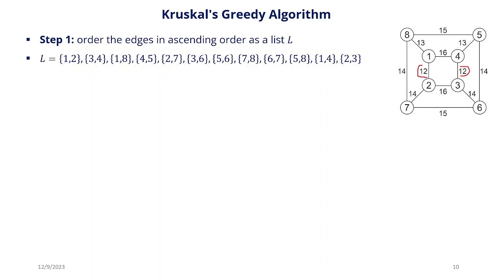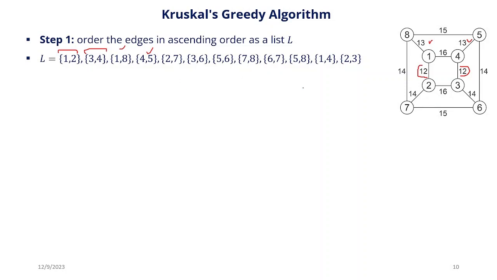We can pick any one of them, but since 1 and 2 seems to be the starting point, we take 1 and 2 first, and then the next will be 3 and 4, which is equally 12. Then we have 13 here, which is the next smallest. So we can have 1 and 8 and 1 and 5, 4 and 5, both of which are equally 13. And then we have a lot of 14s here, so we can actually pick any one of them.